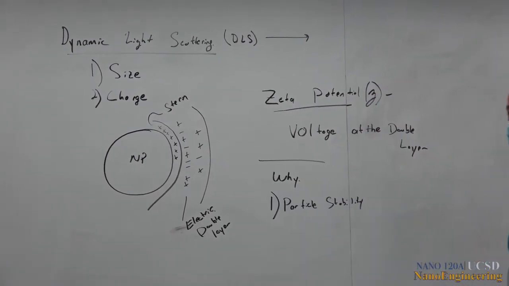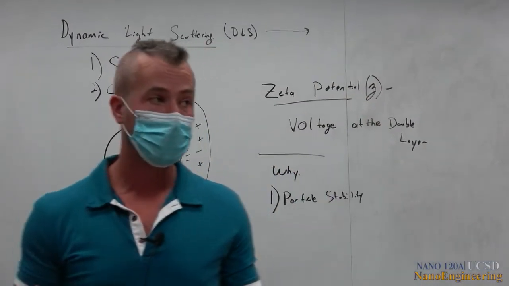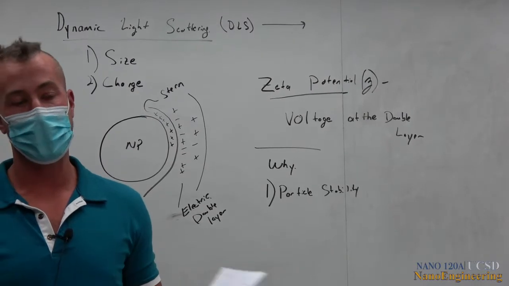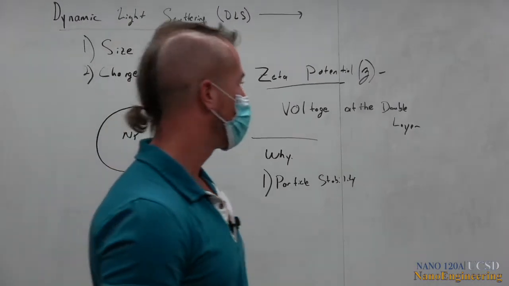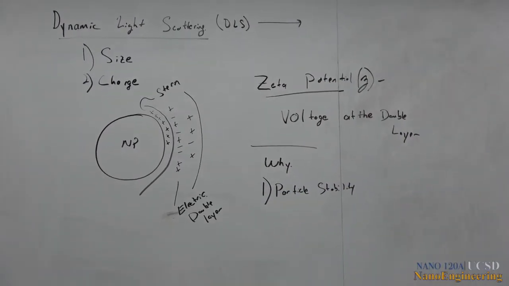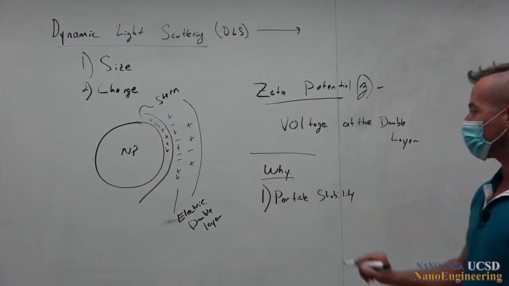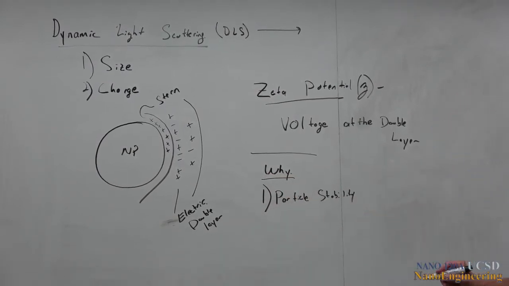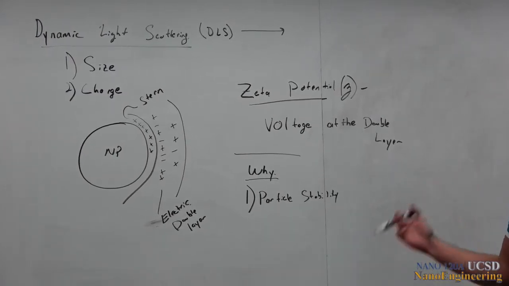So what do you think? Are positive particles more stable than negative? More stable than neutral? So it turns out that particle stability is really a function of the overall absolute value of the charge.